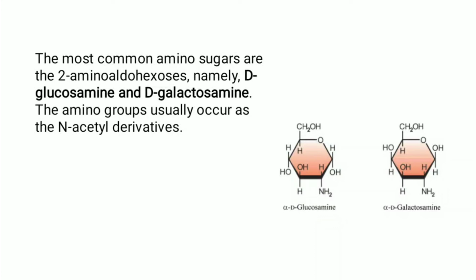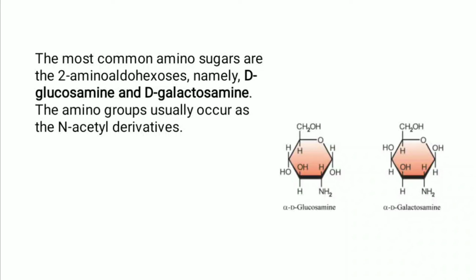Alpha D-galactosamine. The most common amino sugars are the two amino aldohexoses, namely D-glucosamine and D-galactosamine.